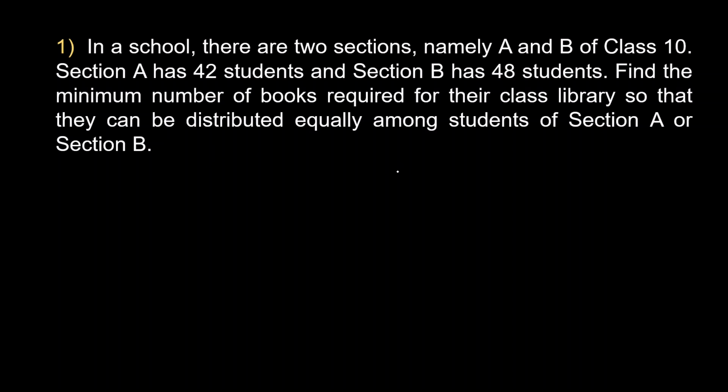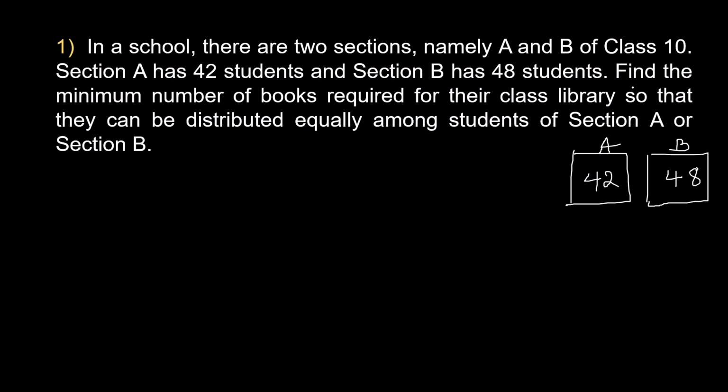So here it is said that there are two sections of class 10, that is section A and section B. In section A there are 42 students and in section B there are 48 students.